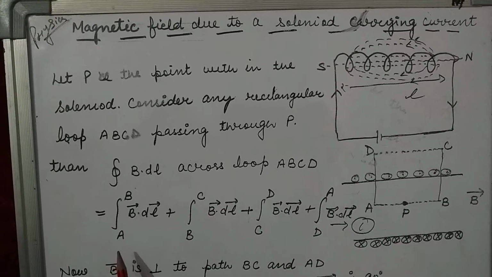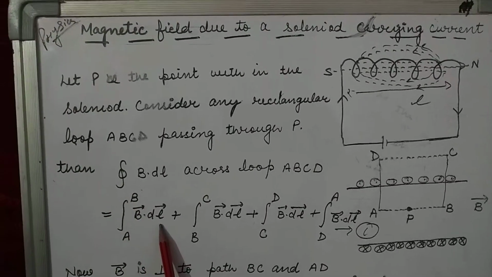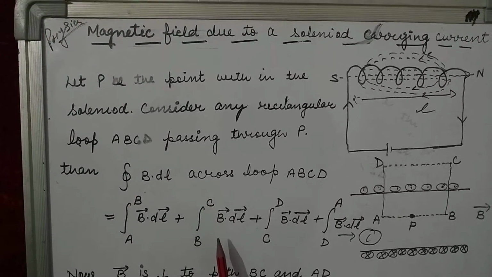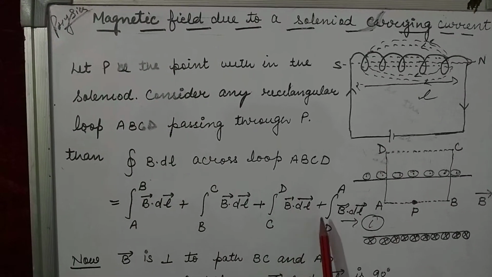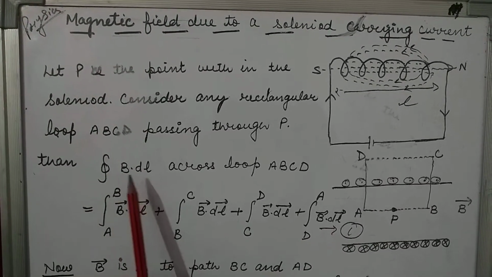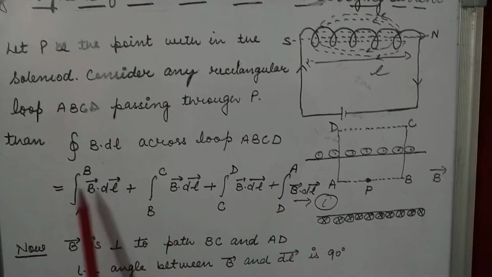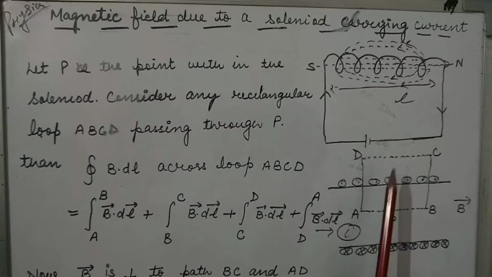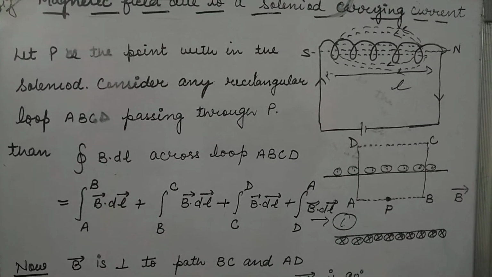It is equal to the integral from A to B of B dot dl, plus the integral from B to C, then C to D, and D to A. So the closed integral of B dot dl is the total of the contributions from sides AB, BC, CD and DA.